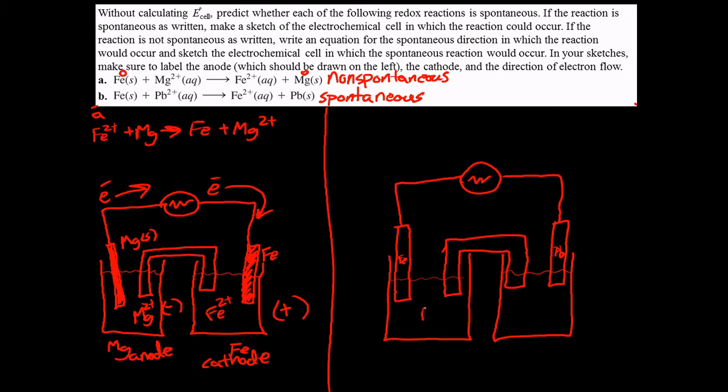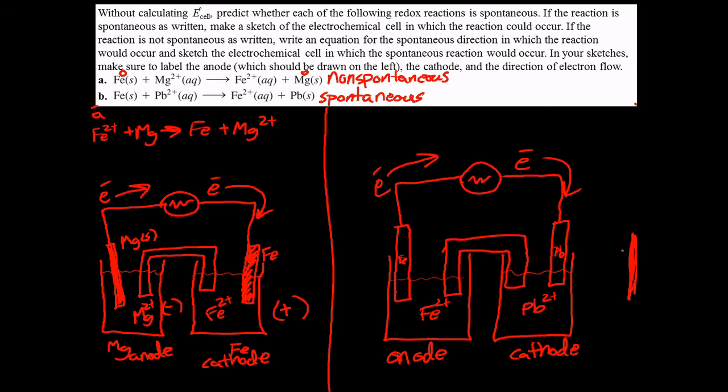There is some iron 2+ floating around, and some lead 2+ floating around in here. Again, this is our anode. This is our cathode. And electrons are always going to flow from the anode to the cathode in a spontaneous cell, anyway. If your reaction is spontaneous, the electrons will go from the anode to the cathode.